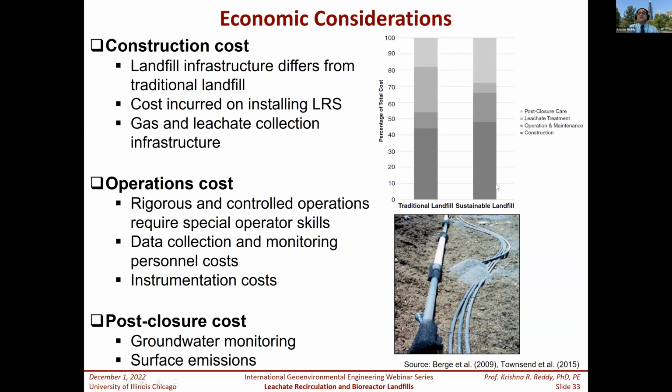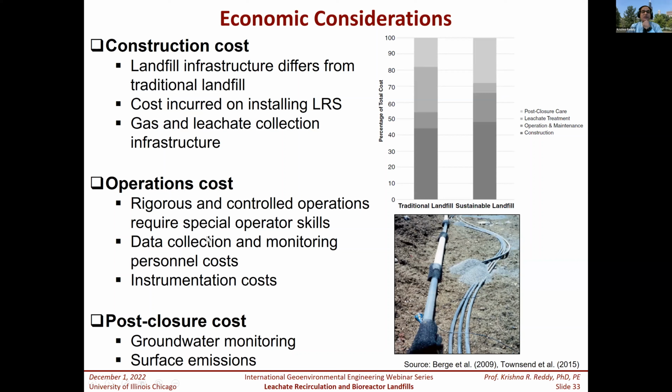So the overall cost may be low for a bioreactor landfill compared to the conventional landfill, but in terms of the cost distribution, you save a lot from leachate treatment, and also reduce the post-closure cost associated with the bioreactor landfill.